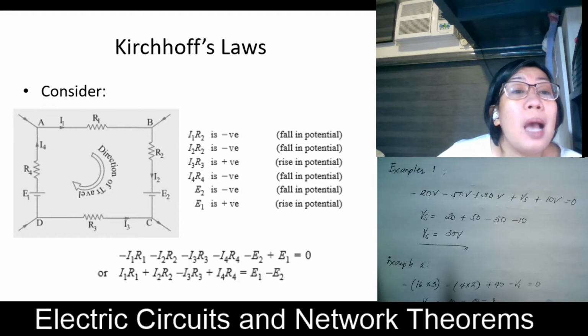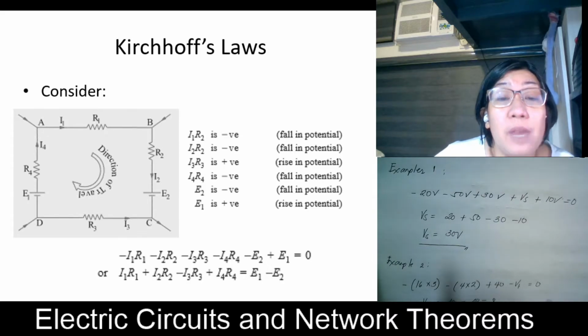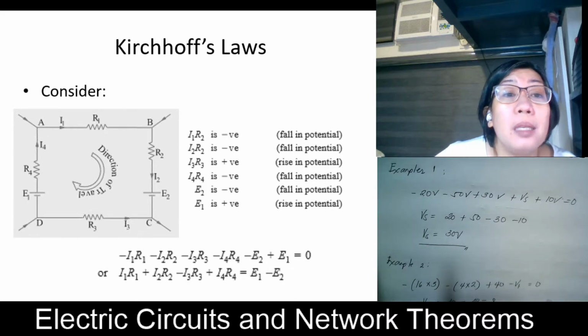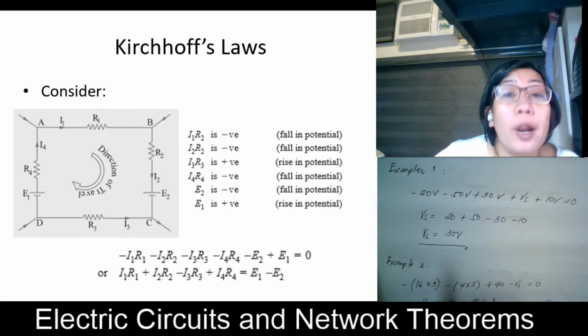So this is I1 R1, it is negative VE. It should be R1, typo error. So I1 R1 is negative VE or fall in potential. And this is I2 R2, positive, negative going here.